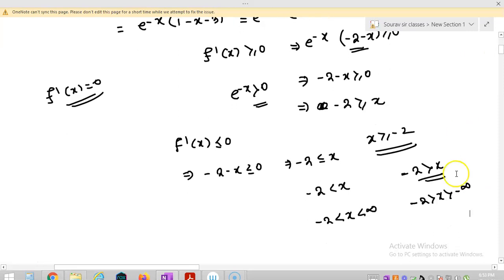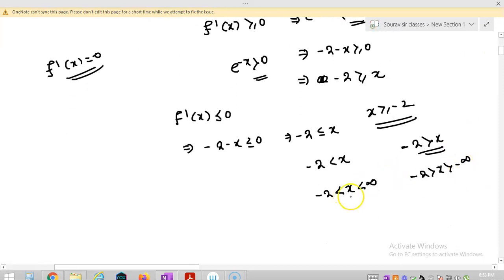So it is decreasing on (-2, ∞) and increasing on (-∞, -2).